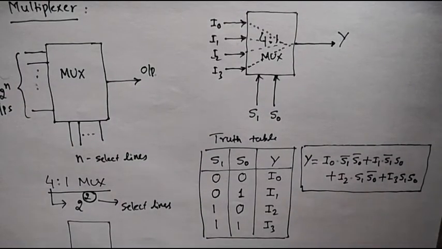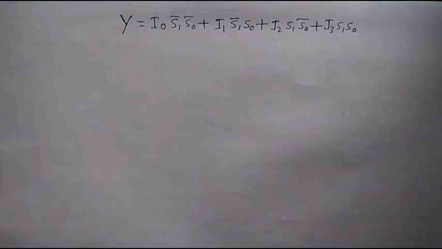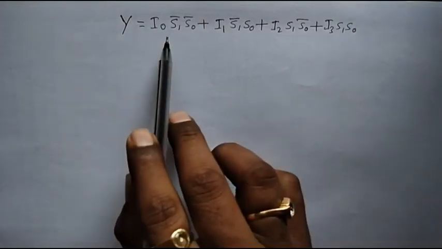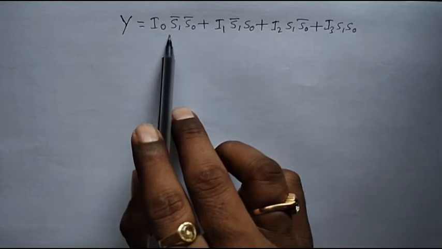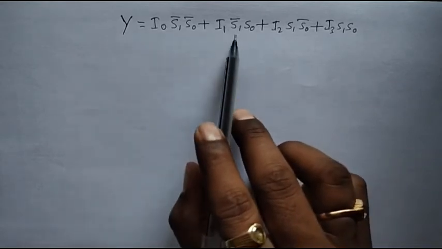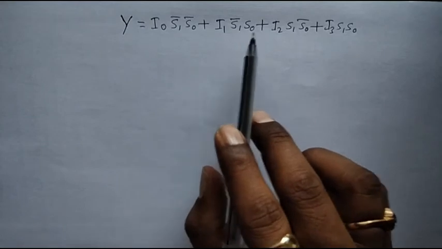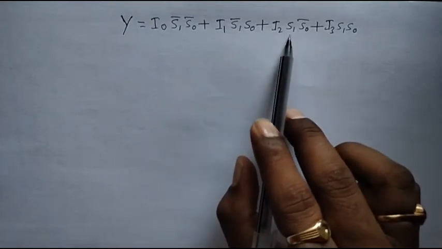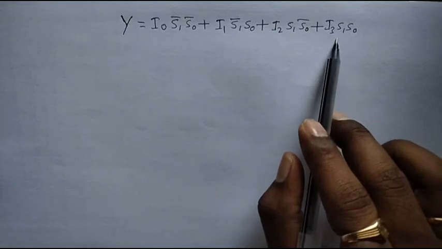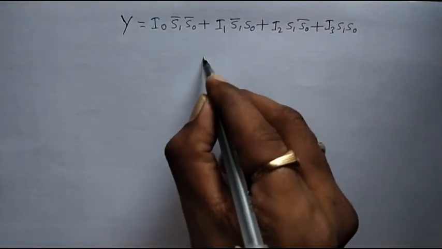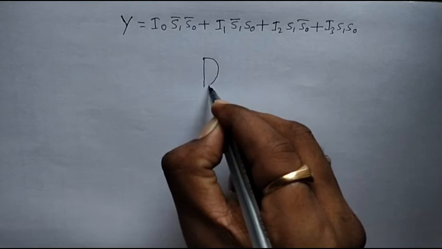So this is the output expression of 4 to 1 multiplexer. Now let us implement the circuit diagram from this Boolean expression. So here we need 4 AND gates: one to implement the first term, another AND gate to implement the second term, another for the third term, and a fourth AND gate to implement the fourth term. So use 4 AND gates.